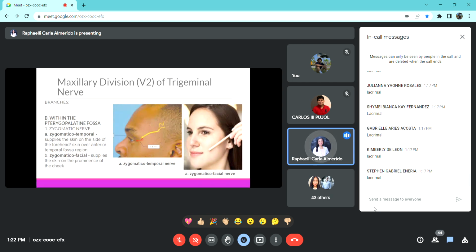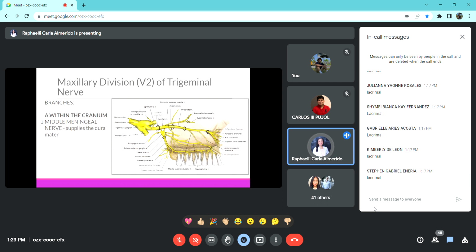With regards to the branches that you will see within the pterygopalatine fossa, we have a number of nerves. Number 1 will be your zygomatic nerve, and it has 2 sub-branches, your zygomatico-temporal and your zygomatico-facial.